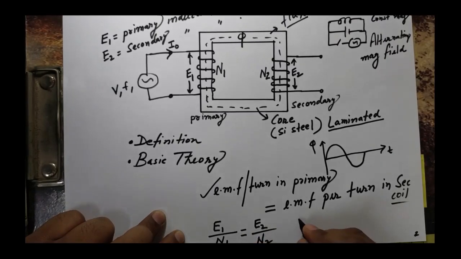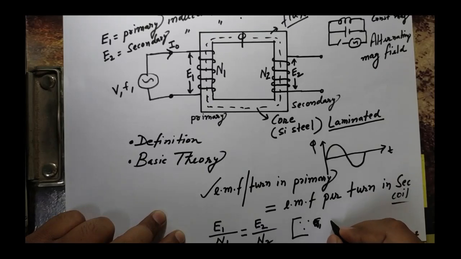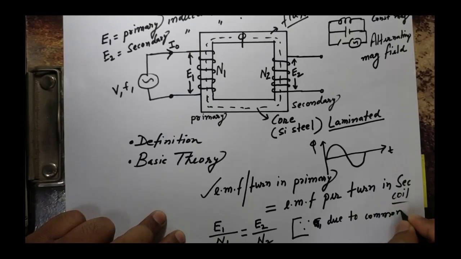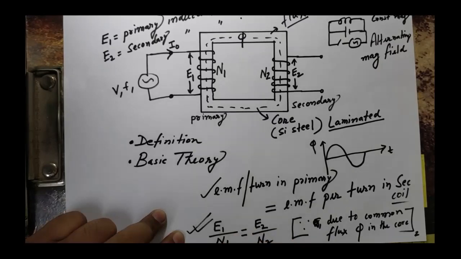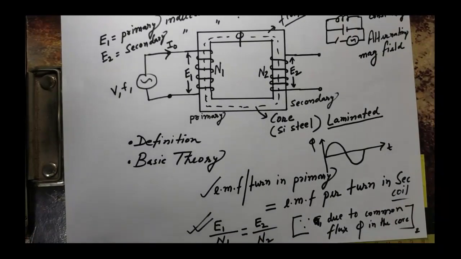You should remember the reason: E1 and E2 are induced due to the common flux phi in the core. Due to this reason we are able to write this. Hope it is clear.